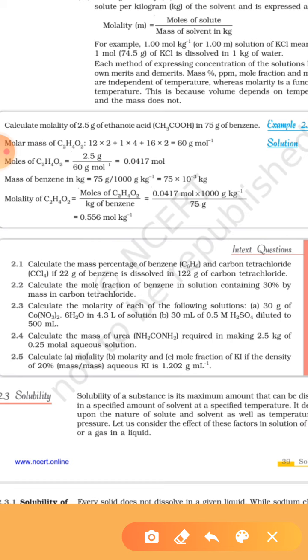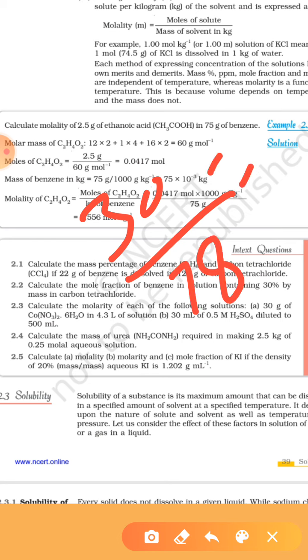The moles of benzene, C6H6: given mass 30 by molar mass of benzene 78, its moles are 0.38.